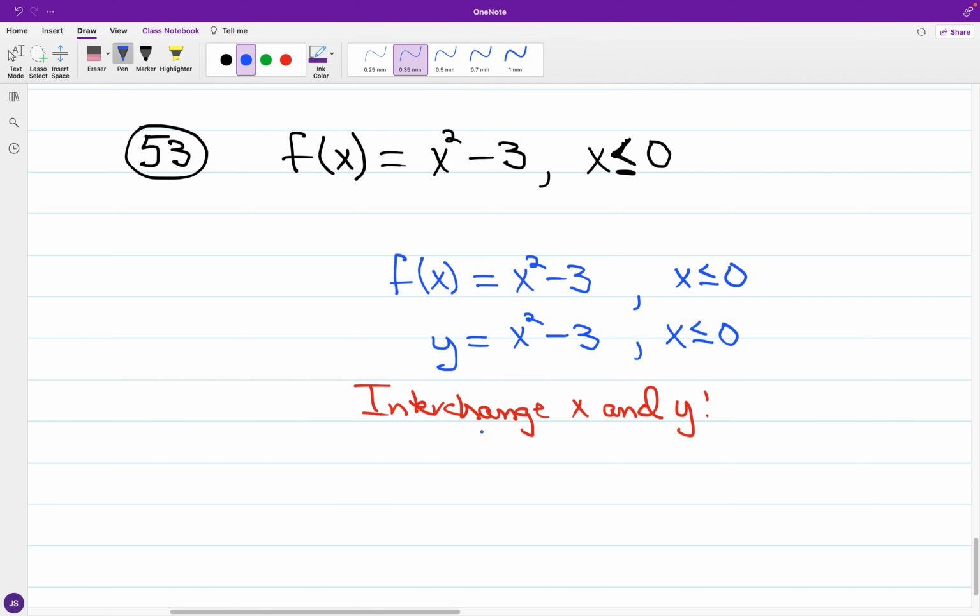So exchanging, you have that x is equal to y squared minus 3, and guess what?